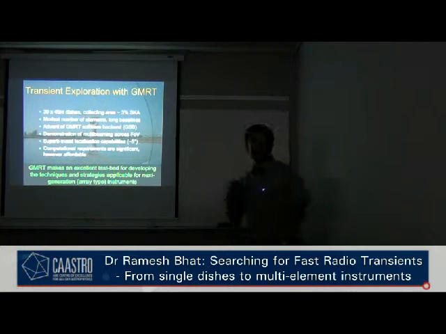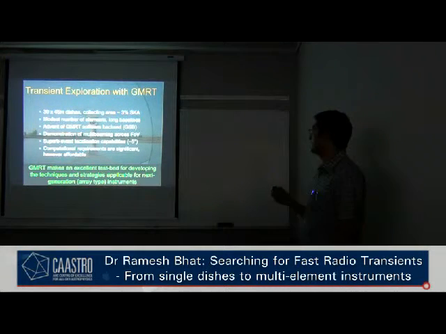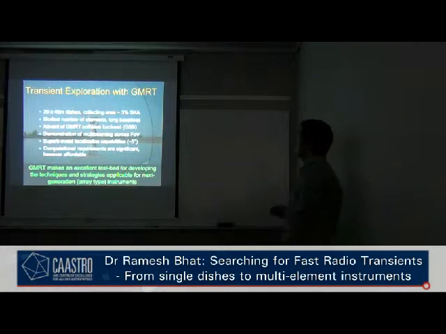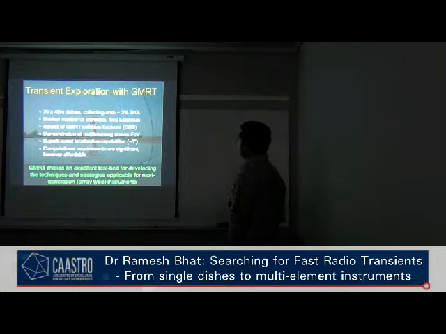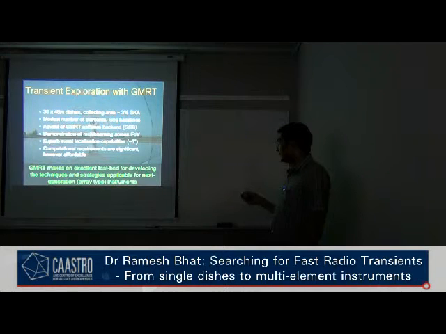And you have a new backend which takes the data from each and every antenna and polarization and does most of the computations in software. That backend has a lot of flexible modes that you can tap and work with the data. Your bandwidth is not very high, about 32 megahertz, and your number of data streams is not very large, but you still have a good collecting area.